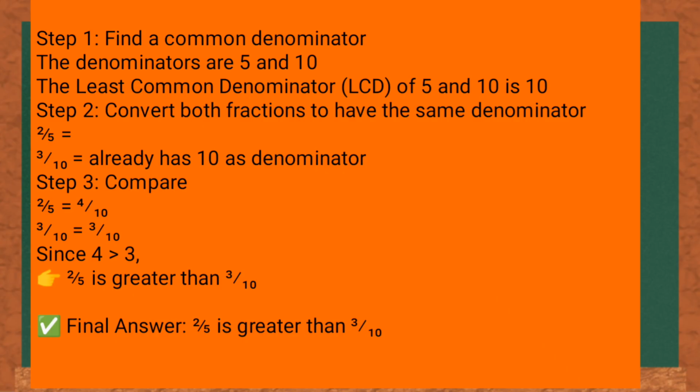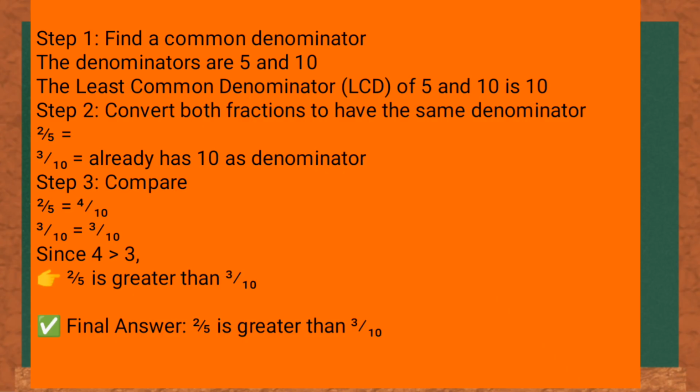Compare. 2 over 5 is equals to 4 over 10, which is 2 times 2 will give you 4. 2 over 5 is going to be 2 times 2, which is going to give you 4, and 5 times 2, which is going to give you 10. 3 over 10 already has 10 as the denominator.